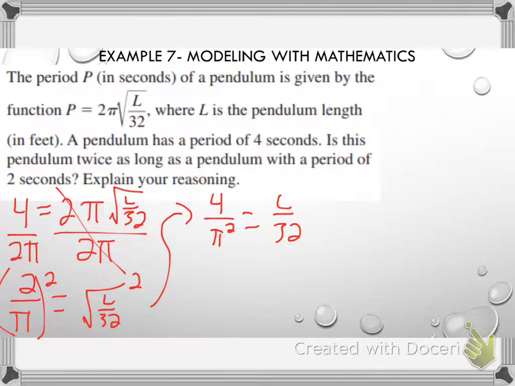We're almost there. How would I get L by itself? Multiply by 32 on both sides. So 32 times 4 would give me 128 over pi squared, which is approximately, if I type this in my calculator, 12.97 feet.